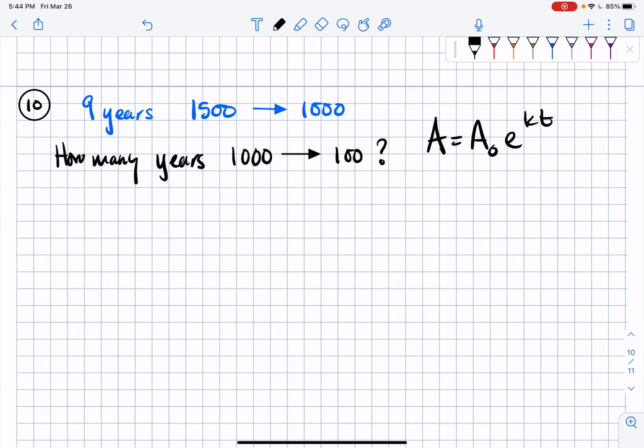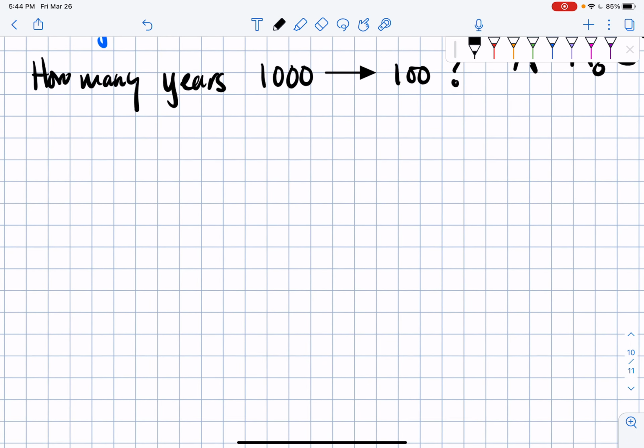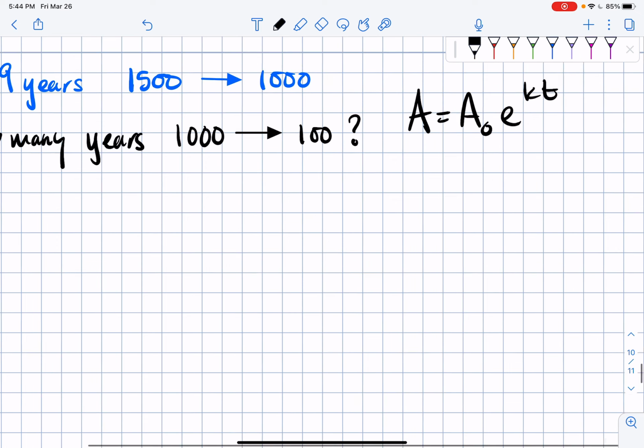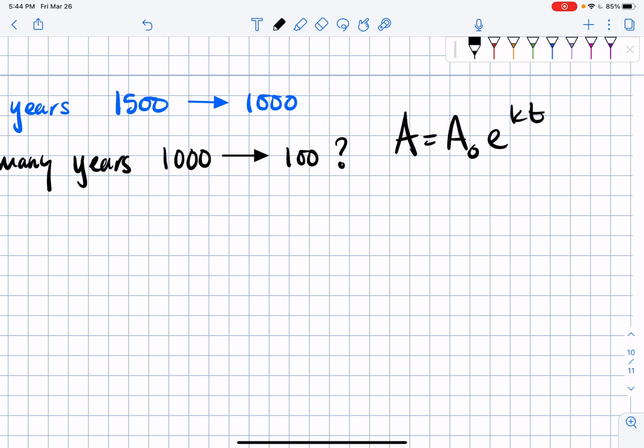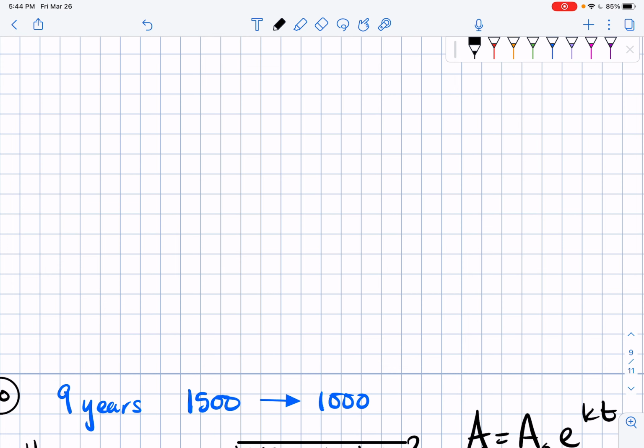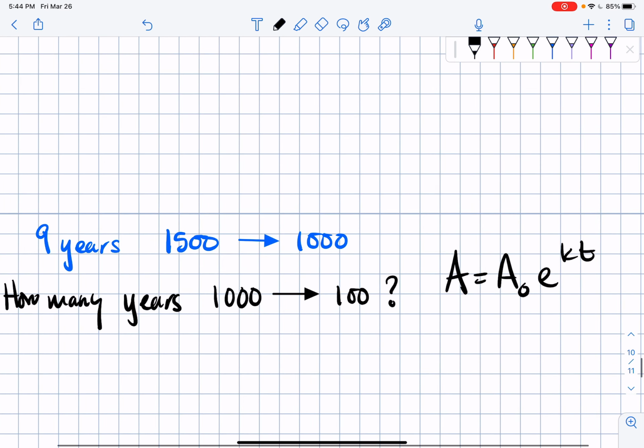So if I was to look at just 1,000 to 100, I have final amount, I have the initial amount, I'm looking for years, but then what I don't have is the k. But if I look at the blue aspect, 9 years, initial amount, final amount, well, that can give me a k.